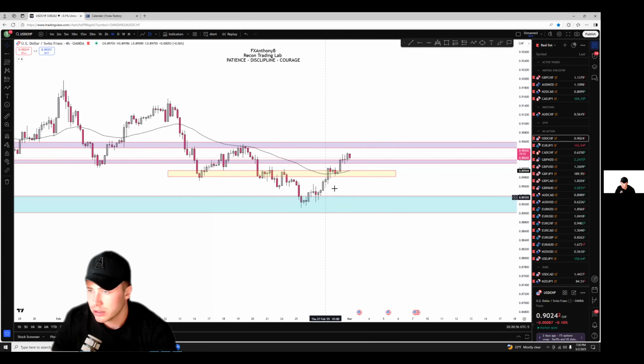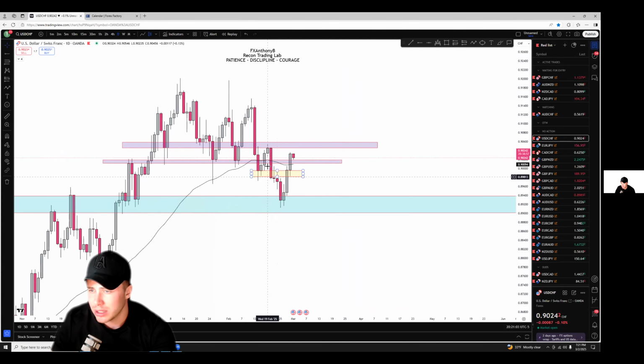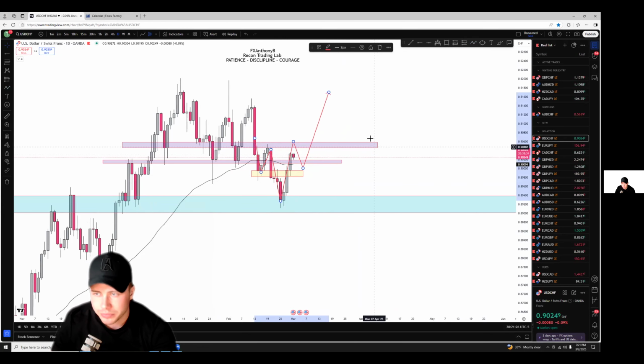And there's no structure. 2 time frames are not in sync. And even if it does, we could see an inverted head and shoulders here. You see that? So I would personally want to see it close above like this, making our daily bullish, giving us that bullish structure on the daily, and then come back to recreate that right shoulder to then buy.